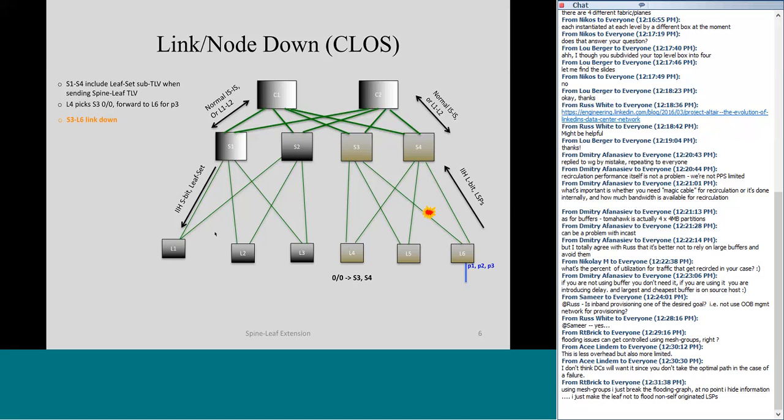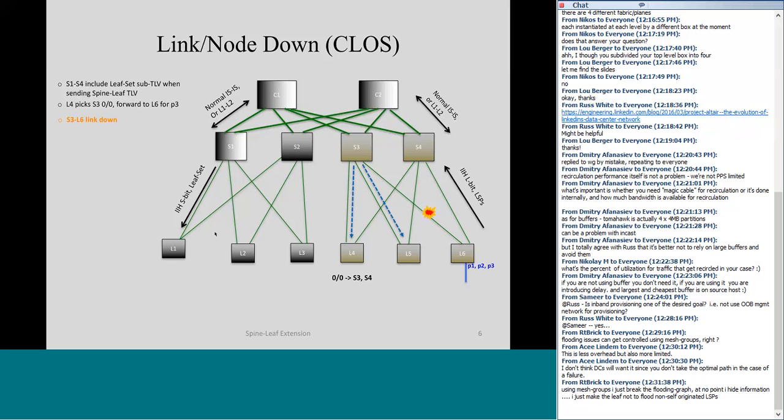In this particular case, we are considering an example where a link is down, which will stop the traffic we just saw. S3 to L6 is down.